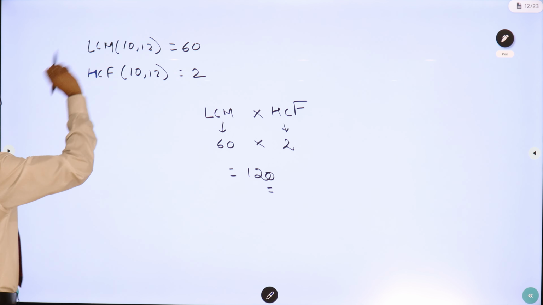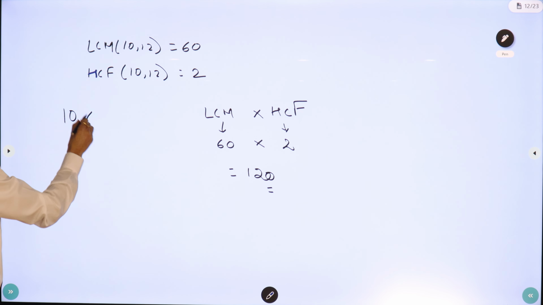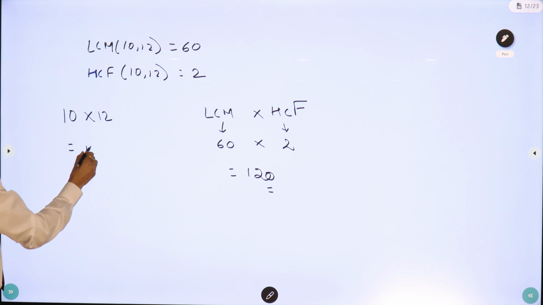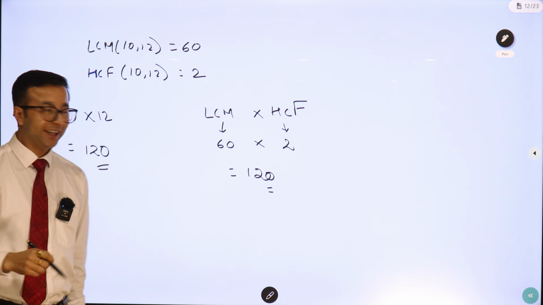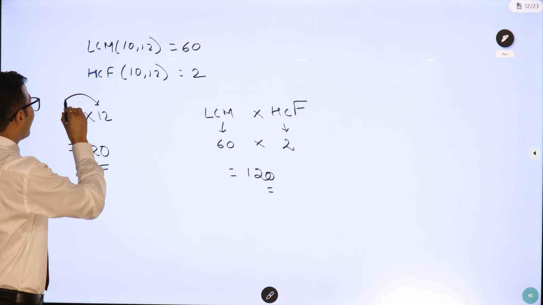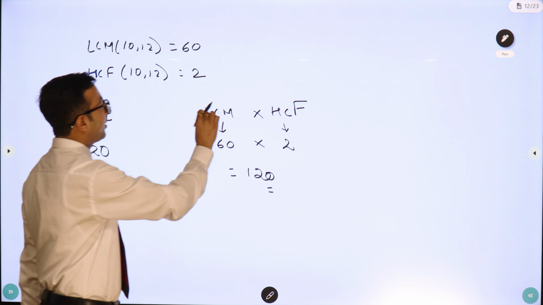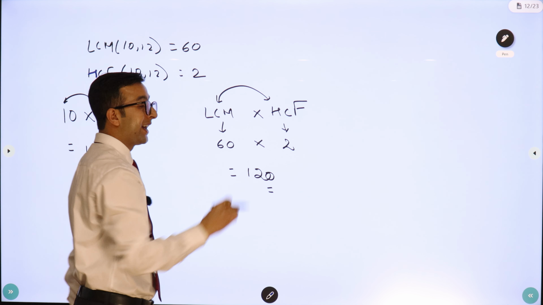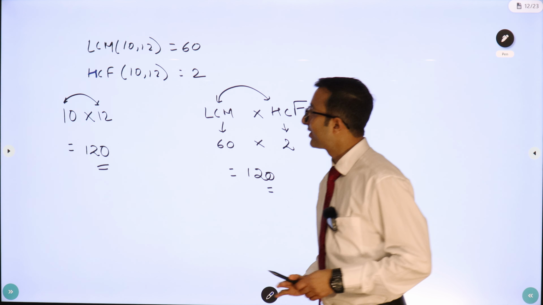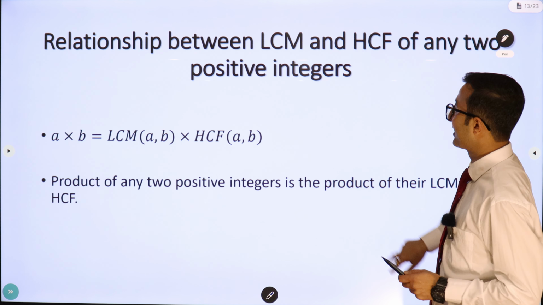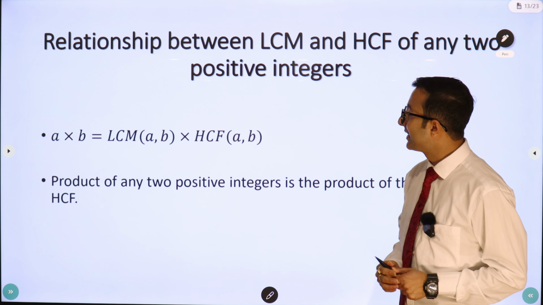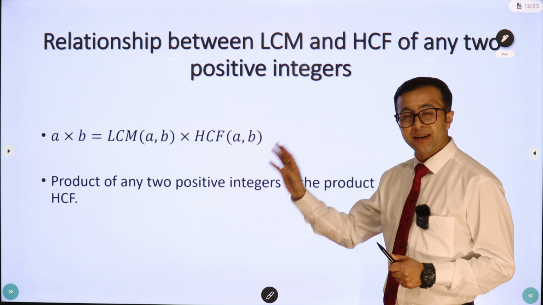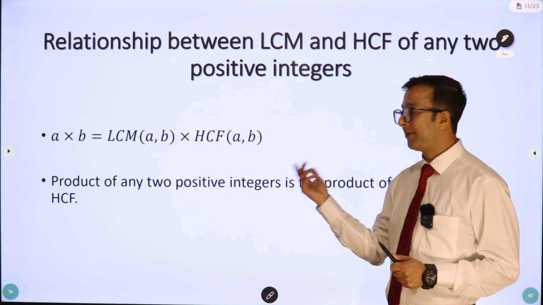Then multiply the given numbers, 10 and 12. 10 12s are 120. So surprisingly, what we are getting, the product of any two numbers is the product of their LCM and HCF. So this is the relationship between LCM and HCF. You can see here, the product of any two numbers can be written as the product of LCM and HCF of those numbers.